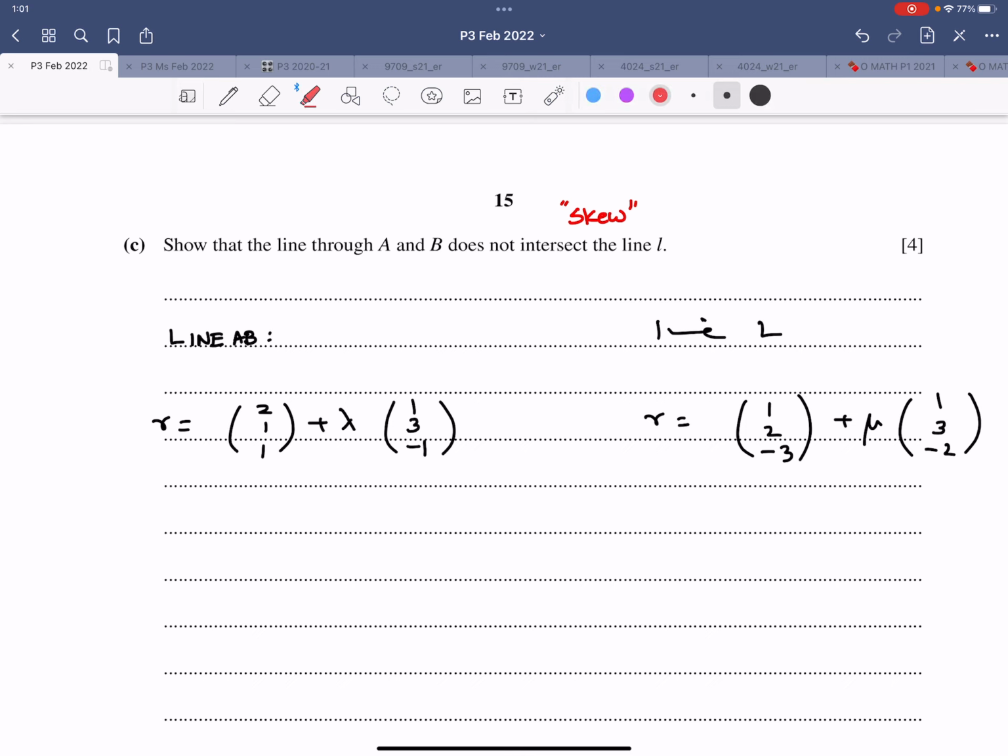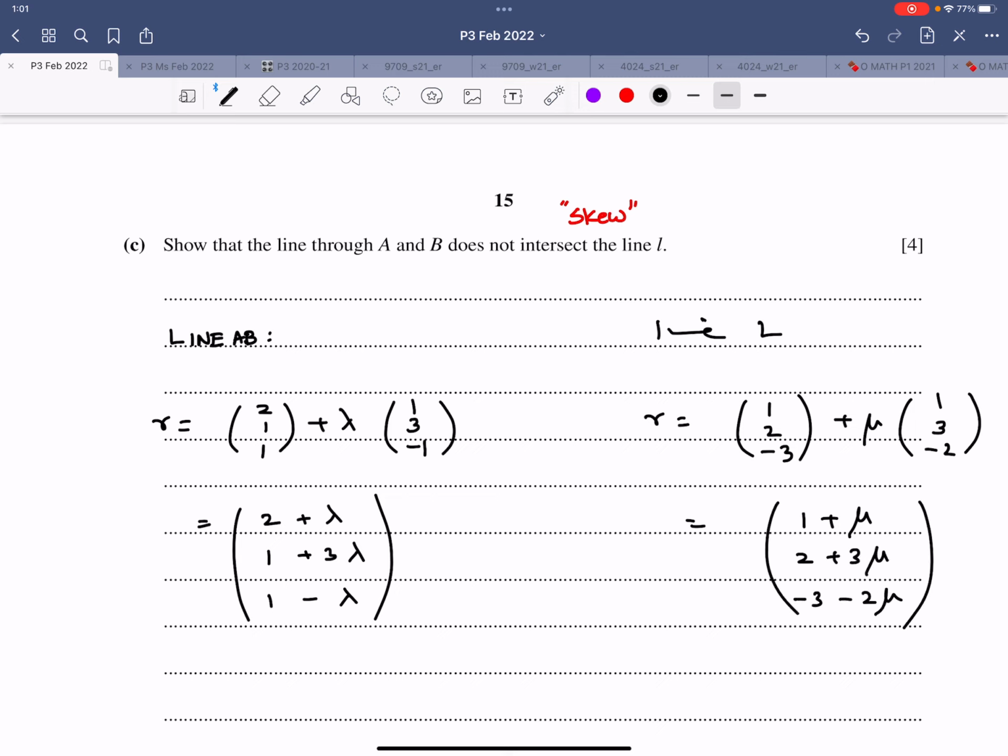Now let me do some highlighting. First of all, this equation and this equation would be the same after I open it up. So let me first open it up. This is (2 plus lambda, 1 plus 3 lambda, 1 minus lambda), that's the first one. This is (1 plus mu, 2 plus 3 mu, -3 minus 2 mu), that is the second one.